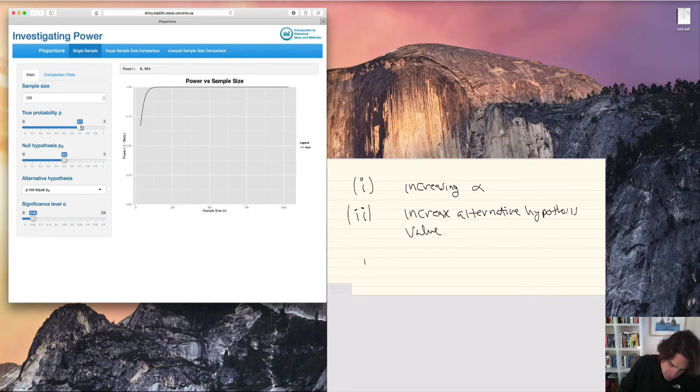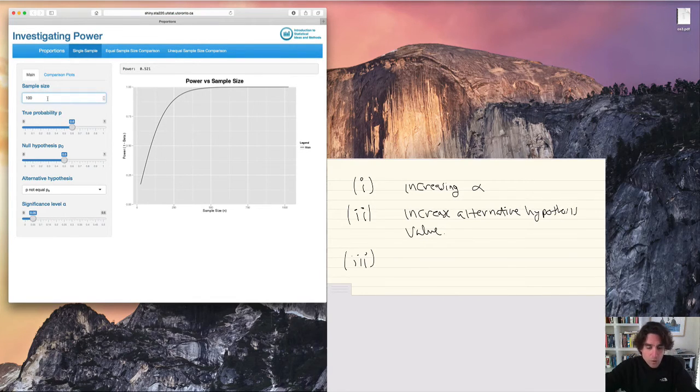The next thing we can do, which is the most practical thing to do, is increase the sample size. So let's go back to 0.6 and increase the sample size to 150. Let's add 50 subjects. Now the power is 0.694, so we've gone from 0.52 to 0.694.